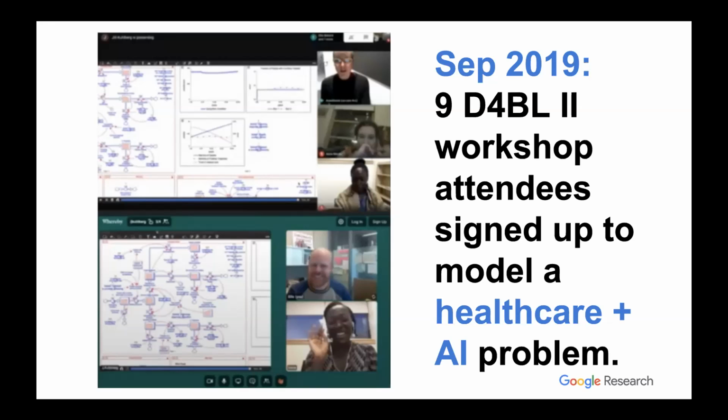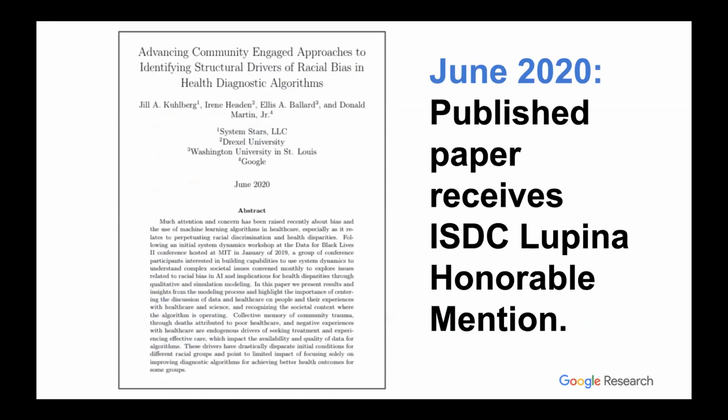The result was that we were able to develop a model and publish it as a paper at last year's ISDC conference. That paper won a Lupina Honorable Mention Award. So that was the end of this journey. We spent quite a bit of time building trust and capacity, but you can't rush these sorts of things. And that's really the main message.